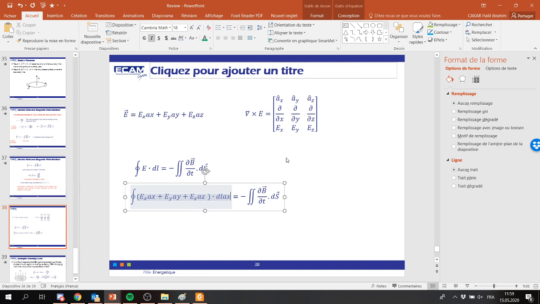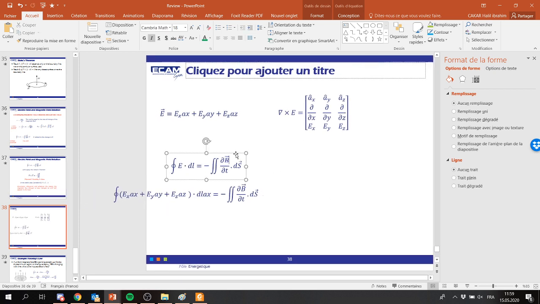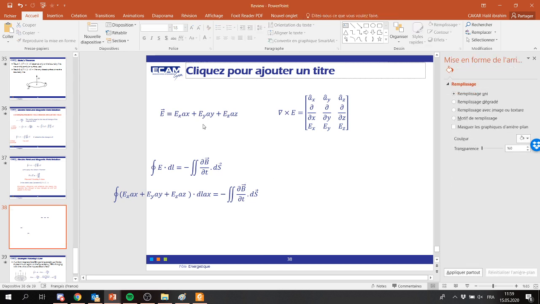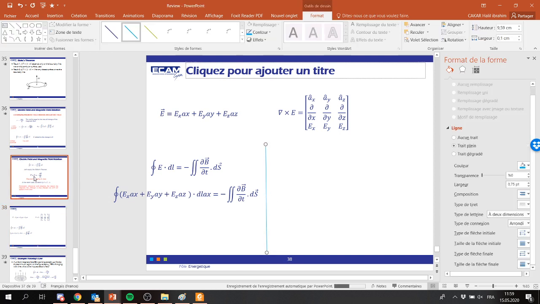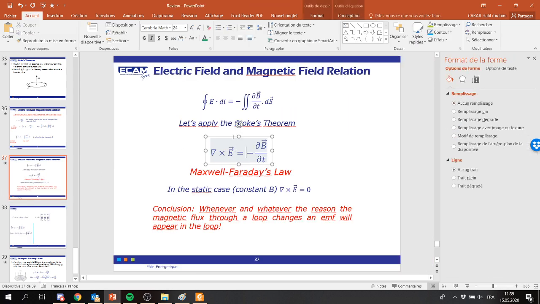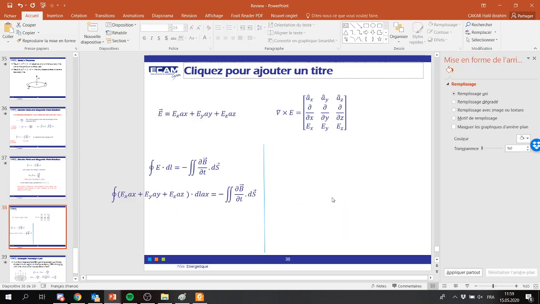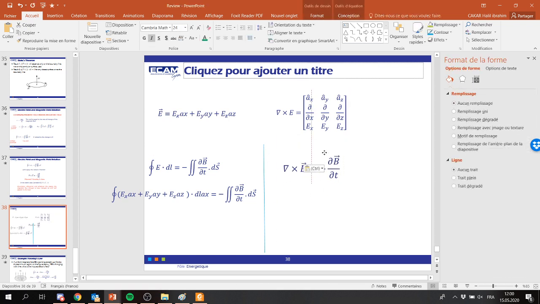And for the application, this is one method to directly apply our conclusion when we bring things together. And if you want to apply the Stokes theorem, you can simply put it back here. So in order to find the electrical field and magnetic field relation, I just rewrote things, in fact nothing original, but I brought everything into a single presentation.